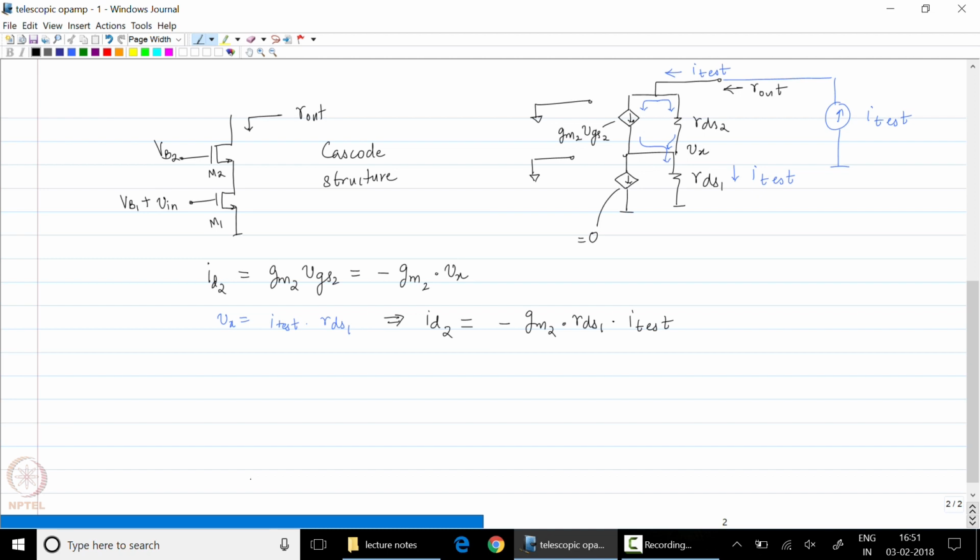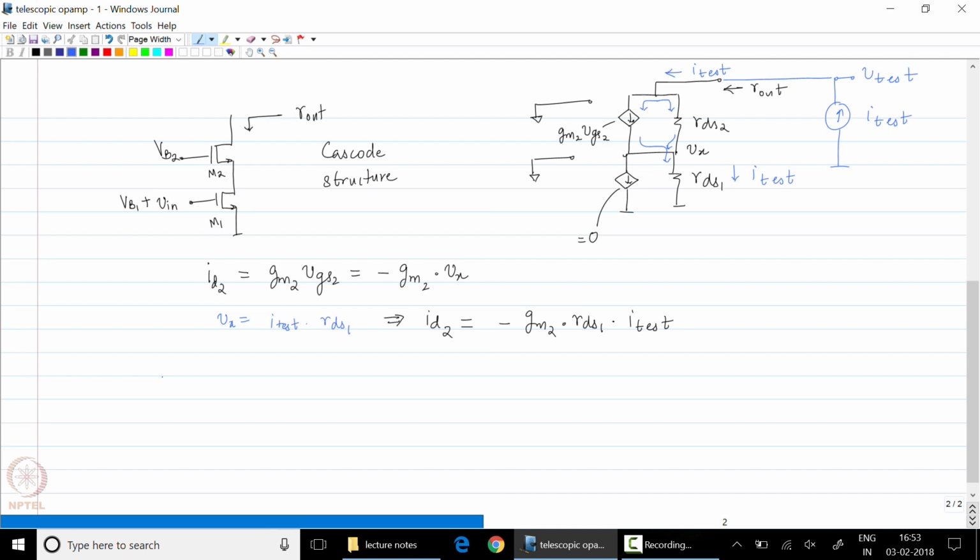Therefore, the output test voltage that is generated, denoted by V test, can be determined. The voltage V test can be determined by applying KCL at the output node in the following way.